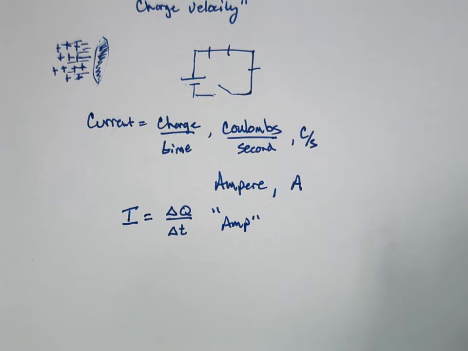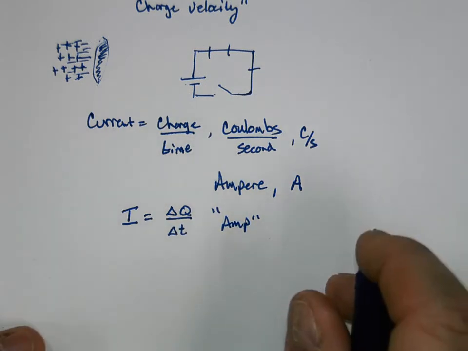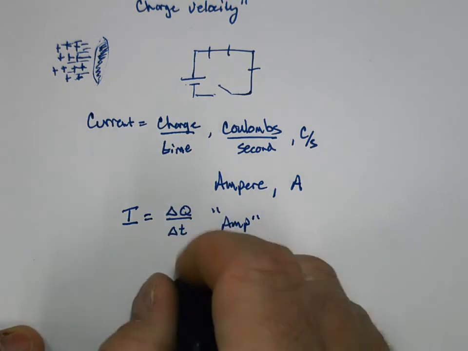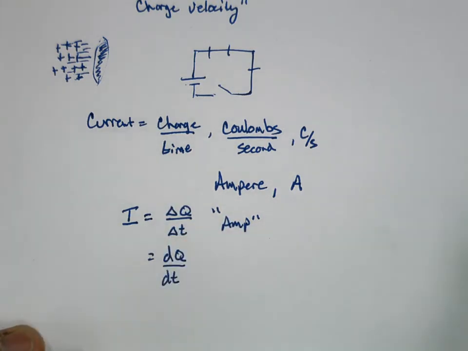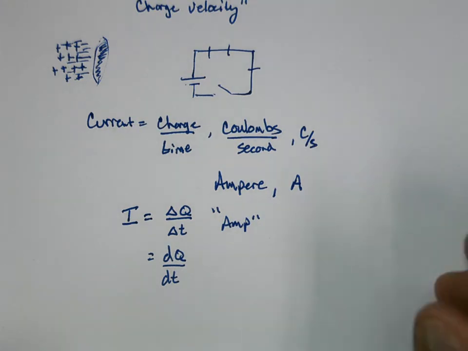Yes, if we do this on the very tiny scale, this does become dq/dt. So the instantaneous rate of change of charge is our current.